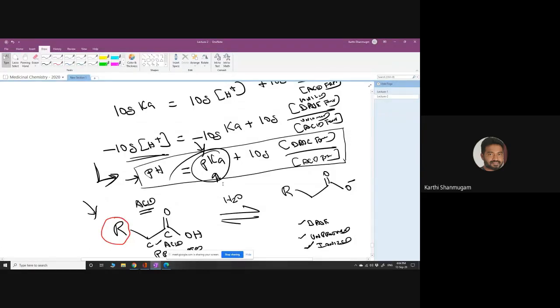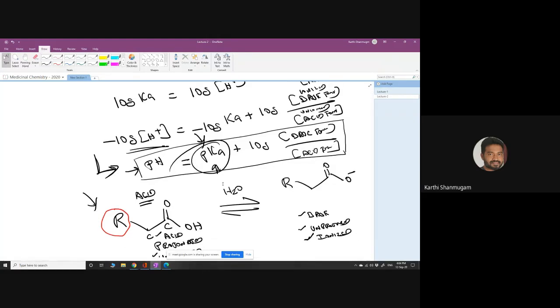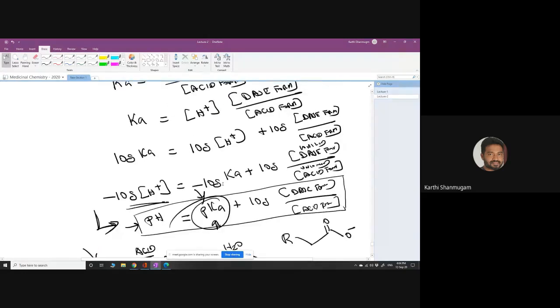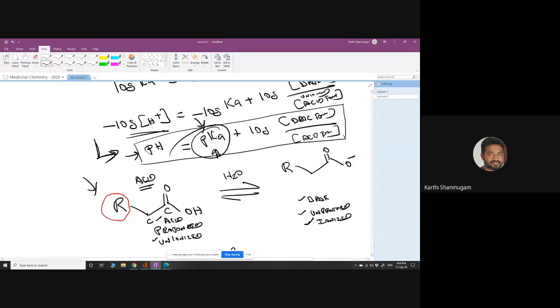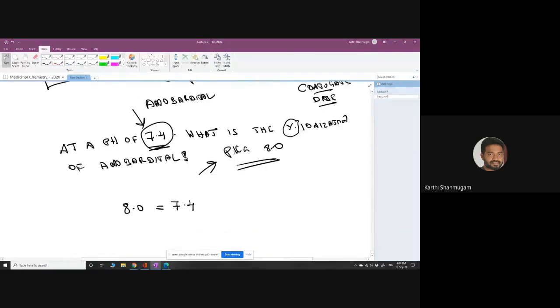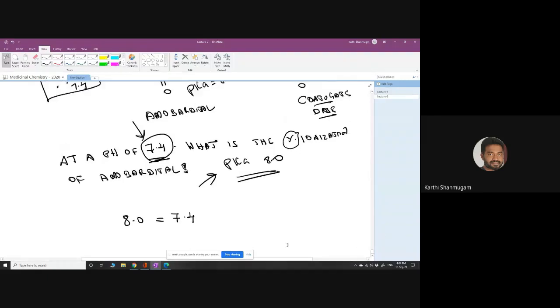Anybody solved? So can we rewrite this equation as pKa is equal to pH? Am I audible or not?